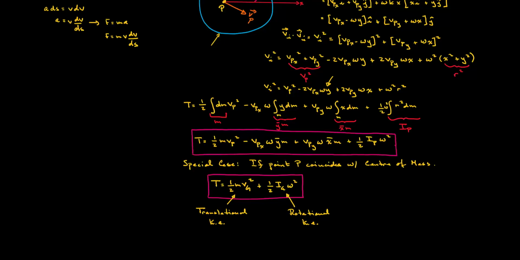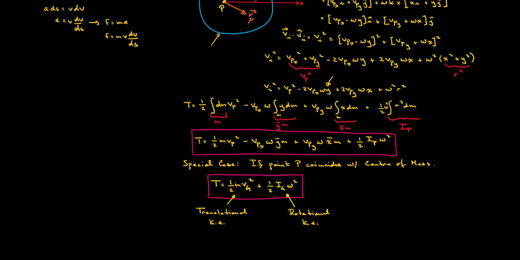So wrapping up, what we have looked at here is, first of all, the derivation of the principle of work and energy for a particle. Then we asked ourselves, are these terms for work and energy the same for particles as they are for, let's say, a rigid body? So we looked at the kinetic energy for a rigid body by examining the kinetic energy of an individual particle within that body, and then summing over the entire rigid body.